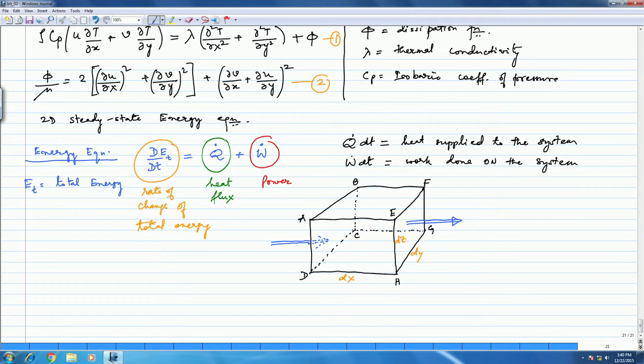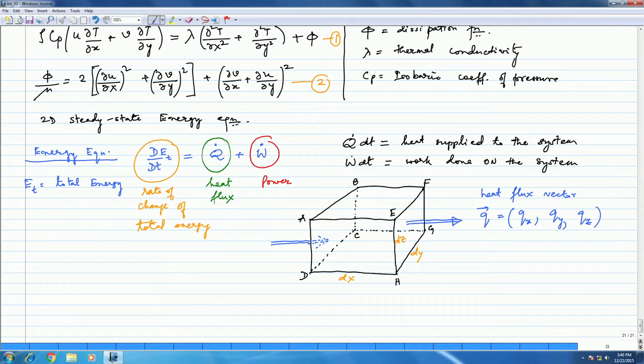So now the heat flux vector, okay, is Q, which is equal to Qx, Qy, and Qz, right? And the unit is of course joules per meter square per second. Okay, so this is what it is. So Qx, Qy, and Qz.